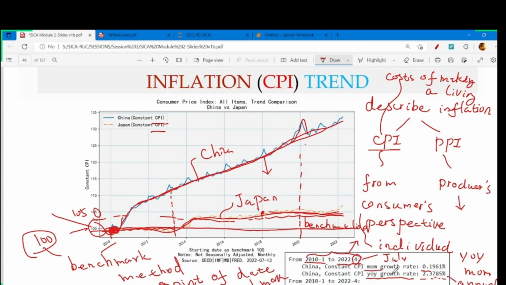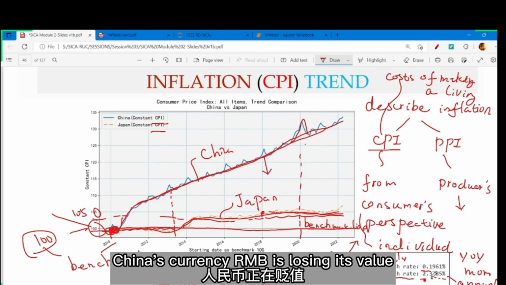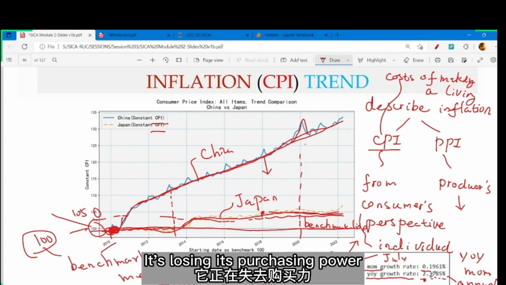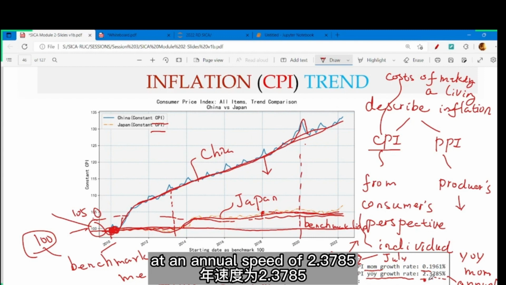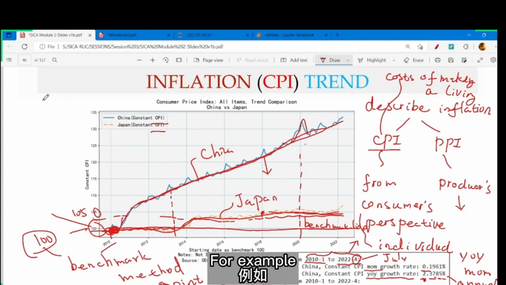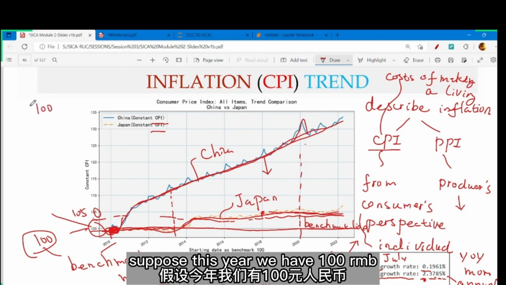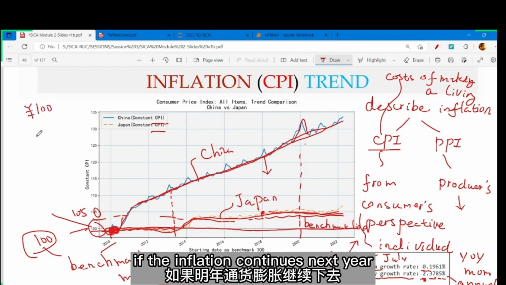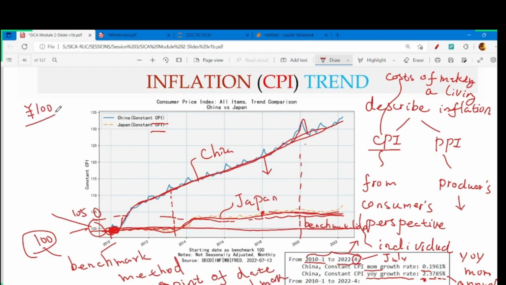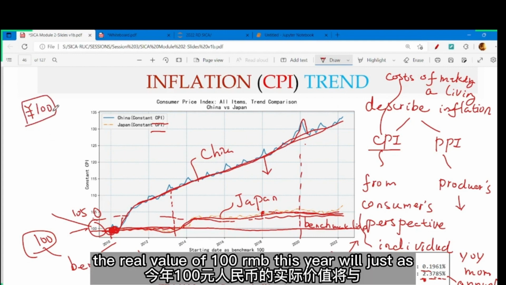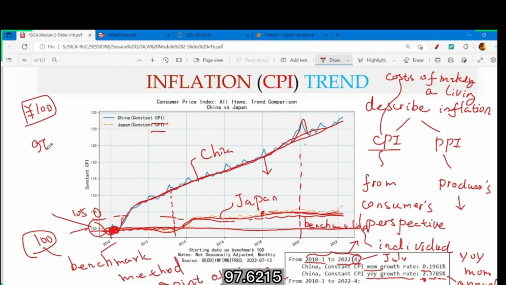YOY growth also means annual growth, right? That means China's currency, RMB, is losing its value, losing its purchasing power at an annual speed of 2.3785. For example, suppose this year we have 100 RMB. If the inflation continues next year, the real value of 100 RMB this year will be just 97.6215.